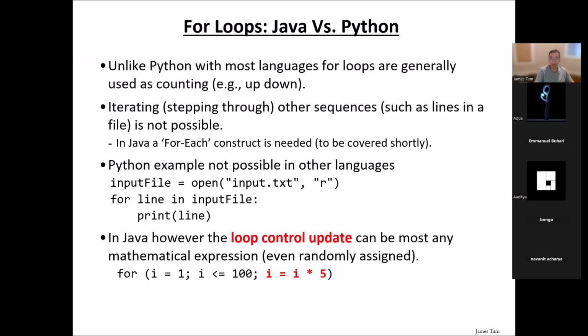That's all they do. Unlike, say, a for loop in Python, where you can step through lines in a file. You can't do that in other languages. And how they do this with Python is you're iterating through something or stepping through numerical sequences or lines in a file. The basic for loop in Java and other languages, you cannot do this.